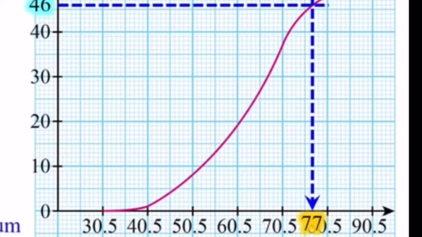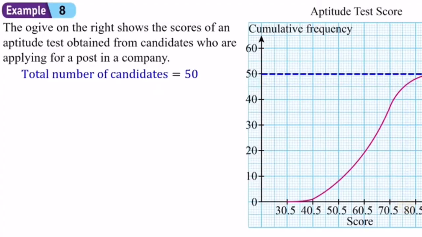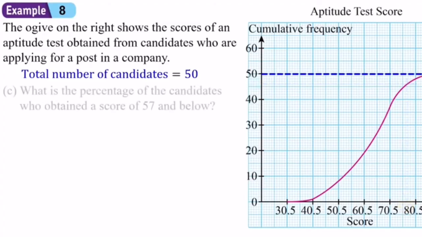Alright, so I'm going to share with you another question concerning percentile. Now let's have a look at this question. Now let's focus on question C. Still applying to the same question, but what is the percentage of the candidates who obtain a score of 57 and below or less? Alright, so you need to be very careful with the word below.